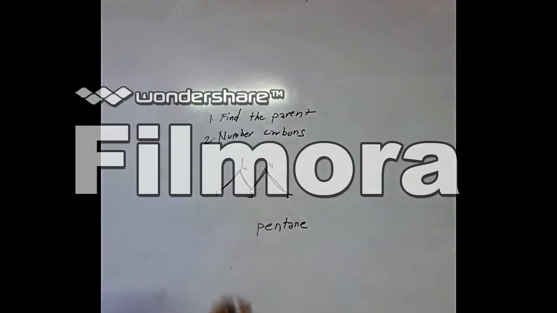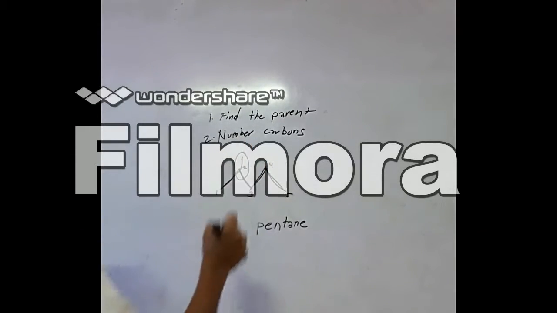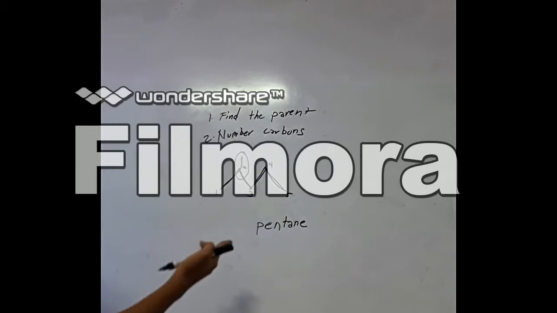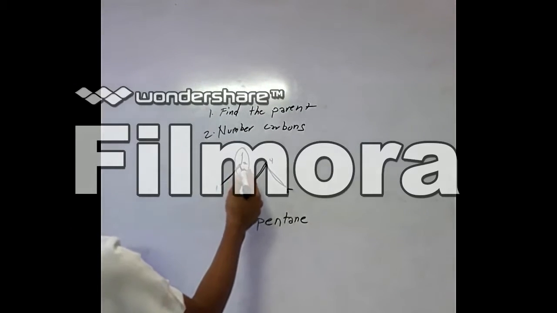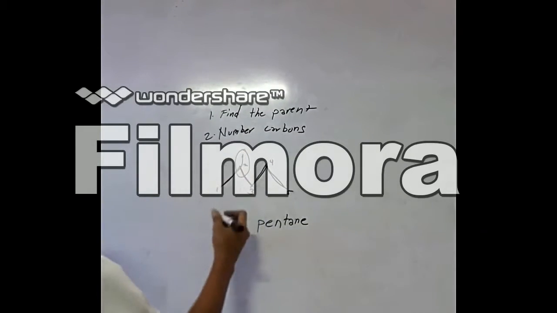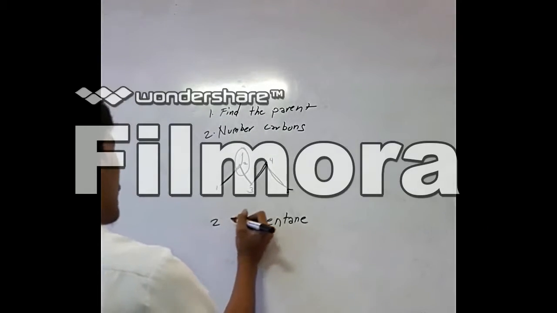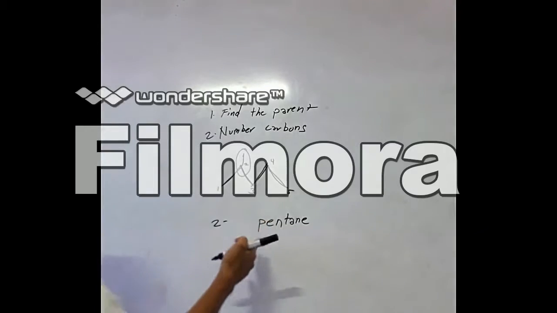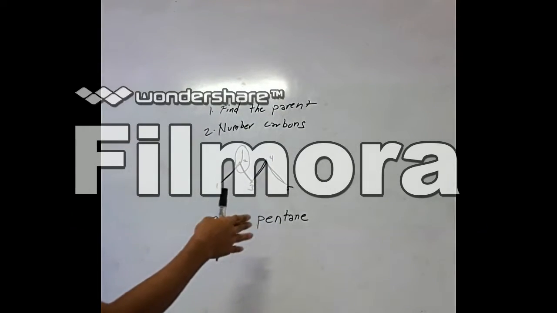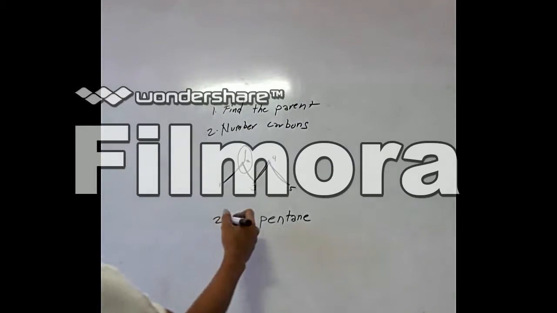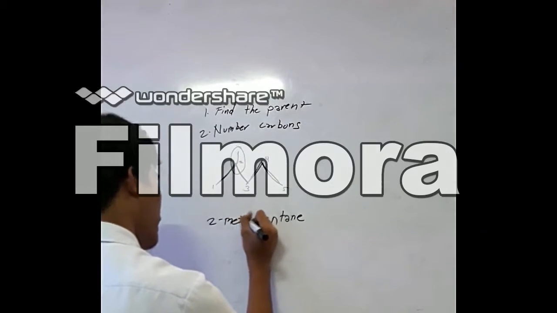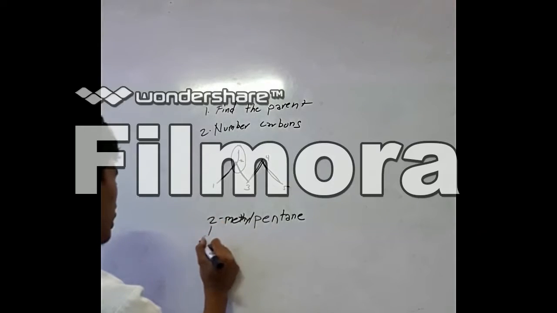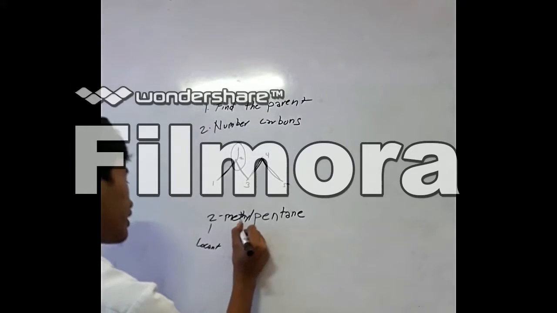But we have a problem. What's this? Well, naming a skeletal structure considers that. We can name this part as methyl, and the 2 is the number of the carbon to which it is attached. So this is 2-methylpentane. 2 here is the locant, and methyl is the prefix.